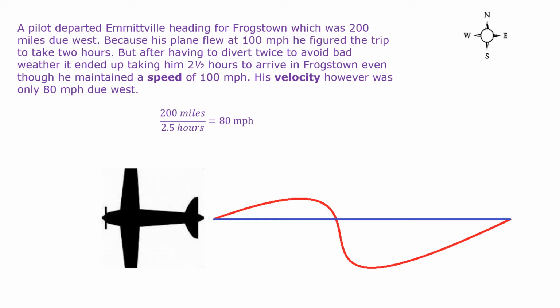But after having to divert twice to avoid bad weather, it ended up taking him 2.5 hours to arrive in Frogstown, even though he maintained a constant speed of 100 miles per hour. His velocity, however, was only 80 miles per hour due west. That was determined by taking the 200 miles he traveled due west, dividing it by the 2.5 hours the trip took to arrive at a velocity of 80 miles per hour.